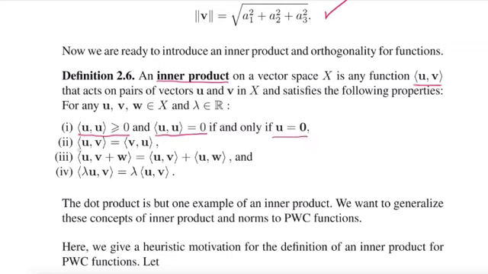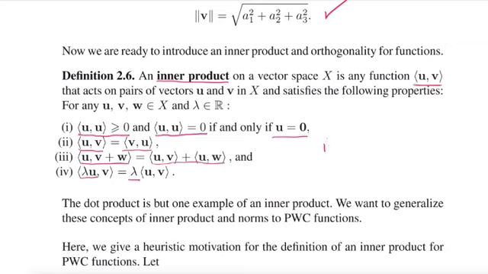It is symmetric, so multiplying u with v is the same as multiplying v with u. And it's linear, so if I multiply u with v plus w, I get (u, v) plus (u, w). And if I multiply one of the functions by lambda, then the lambda comes out of the inner product.